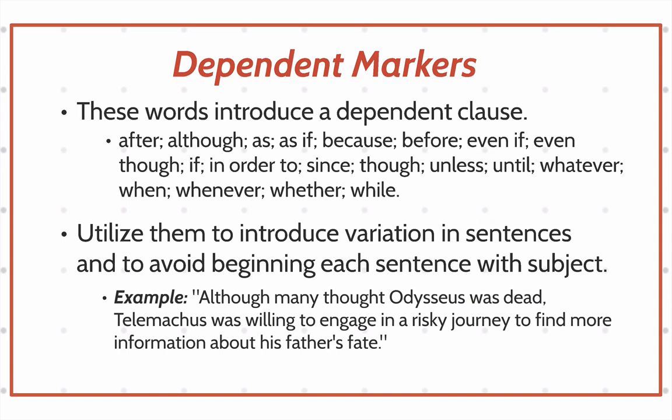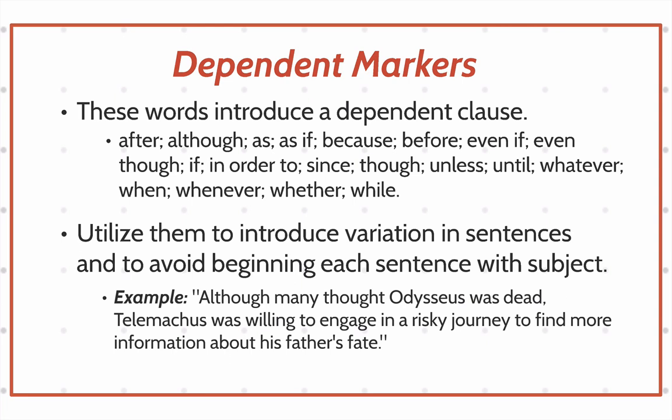So some other tools that are at your disposal in thinking about sentence structure. One is called a dependent marker. These are just words that introduce a dependent clause, and there's a whole list of them here: after, although, as if. Those are useful in that they can introduce variety in sentences and avoid beginning the sentence with a subject.